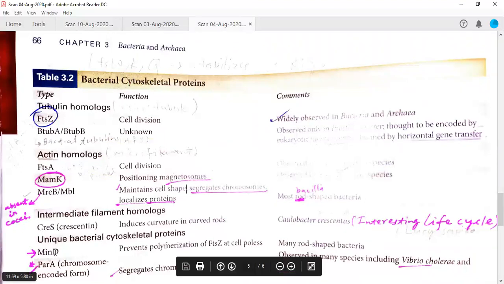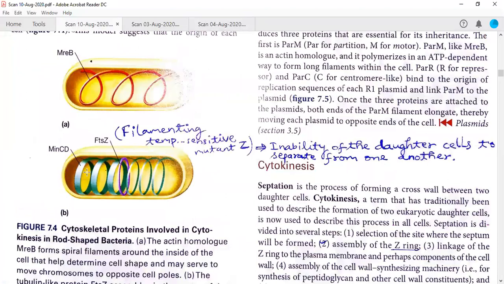So MinD forms a complex with MinC, and this is expressed inside the bacterial cell, ensuring that this Z ring, the FtsZ ring, should not form towards the poles. Suppose the FtsZ ring forms at the pole of a rod-shaped bacterial cell. What can happen?